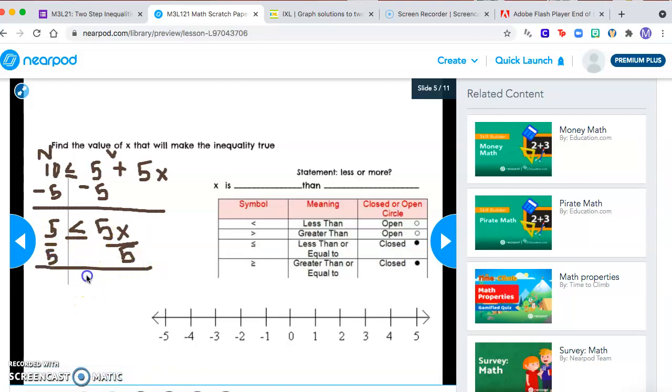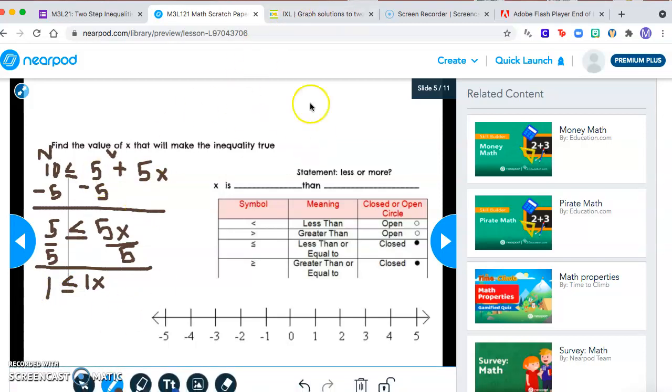So this would be 1x is less than or equal to 1. Now this is just an example that might show up on IXL that I'm showing you. So I just want you to make sure that you are aware of every possible way that this could look.